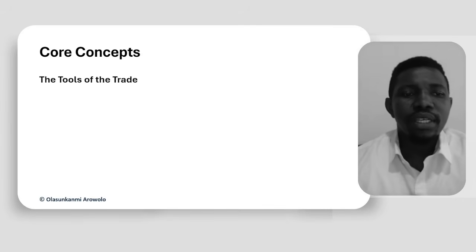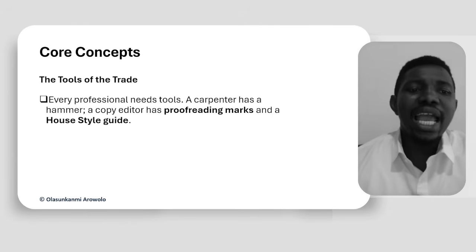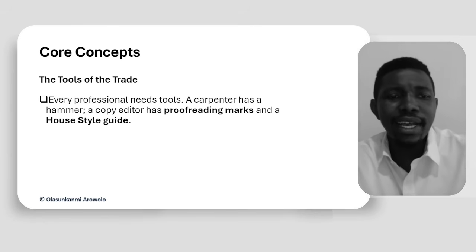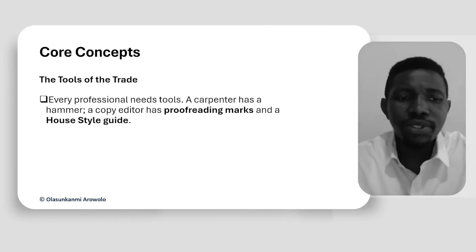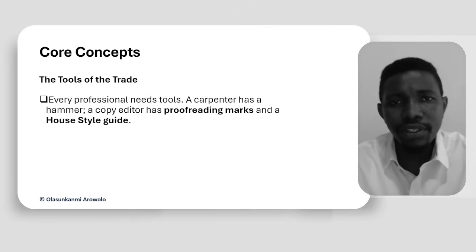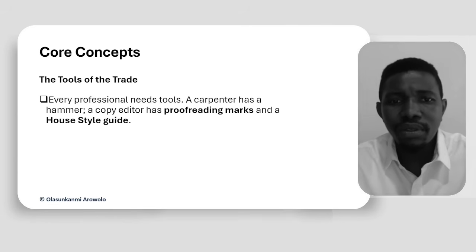Now, the tools of the trade. Every professional needs a tool. Just like a carpenter has a hammer, a copy editor uses proofreading marks and a style guide to guide their work. The carpenter uses hammers and chisels. The plumber uses cutters, glues, burners, and more.